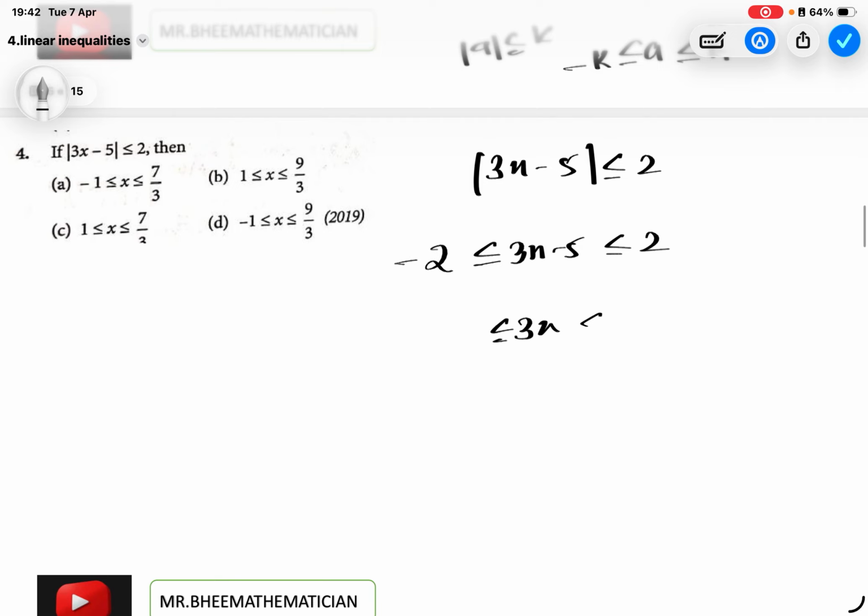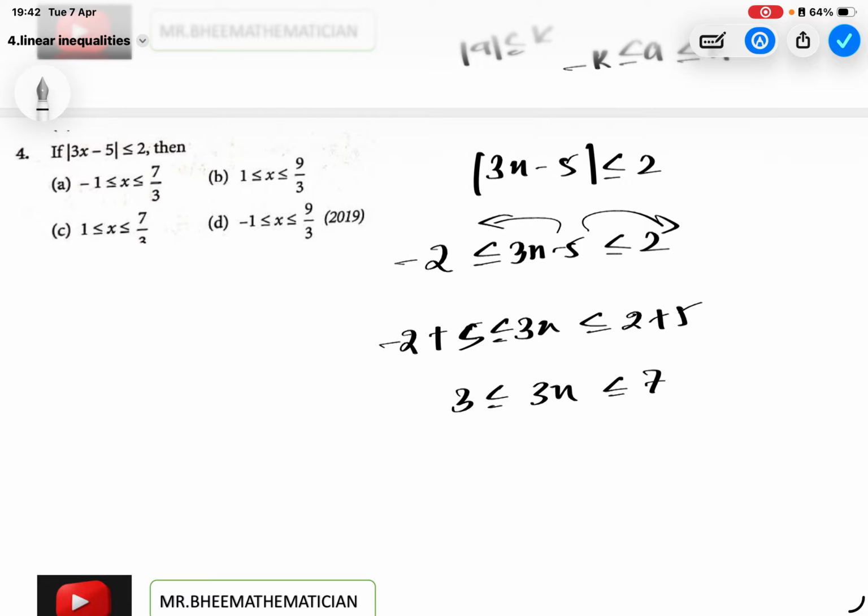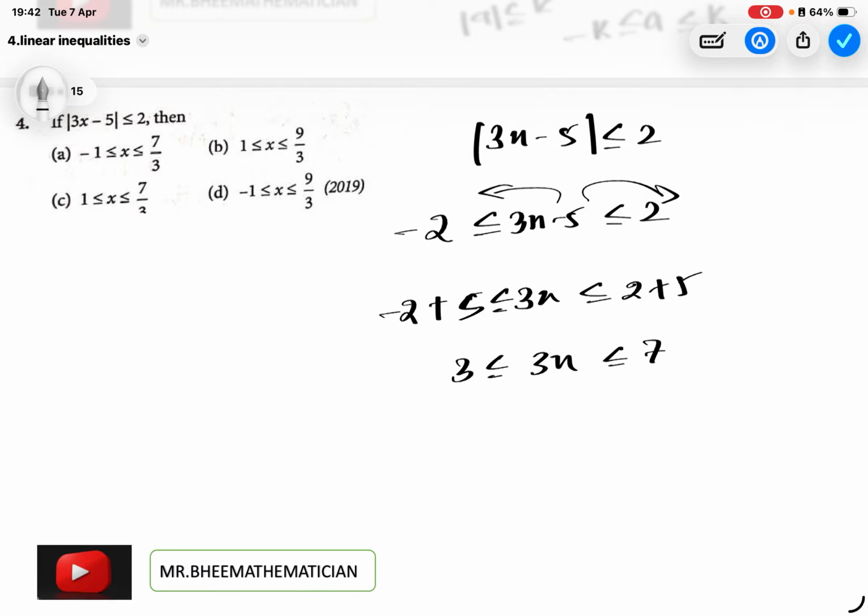Sending minus 5 to the other side, it will be plus 5, so minus 2 plus 5 is 3, and 2 plus 5 is 7. So 3x lies between 3 and 7, and dividing by 3, x lies between 1 and 7 by 3.